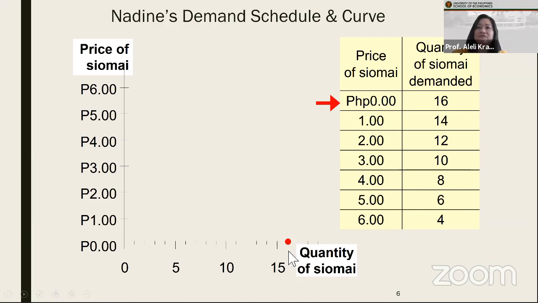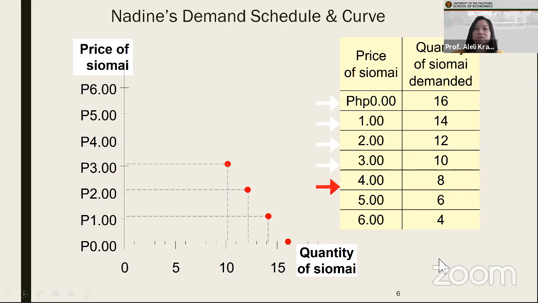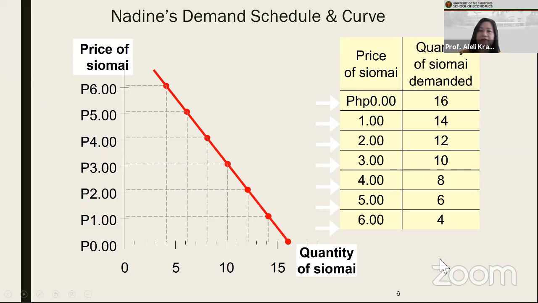So you have a price of 0 and you have 16 pieces of siomai demanded. So this entry here would be represented by this next dot, and so on and so forth. And therefore, this line, which connects the dots, would be our representation of demand. And this is what we call the demand curve.